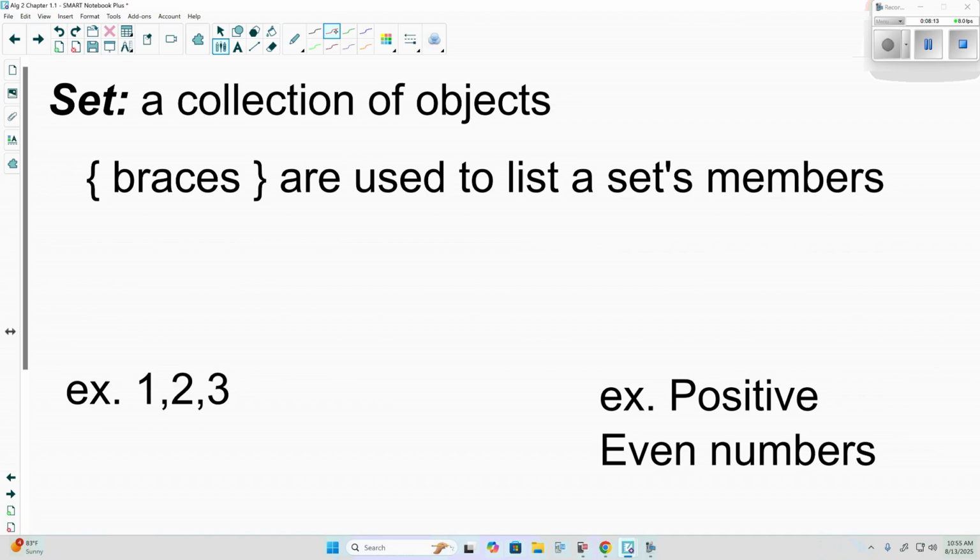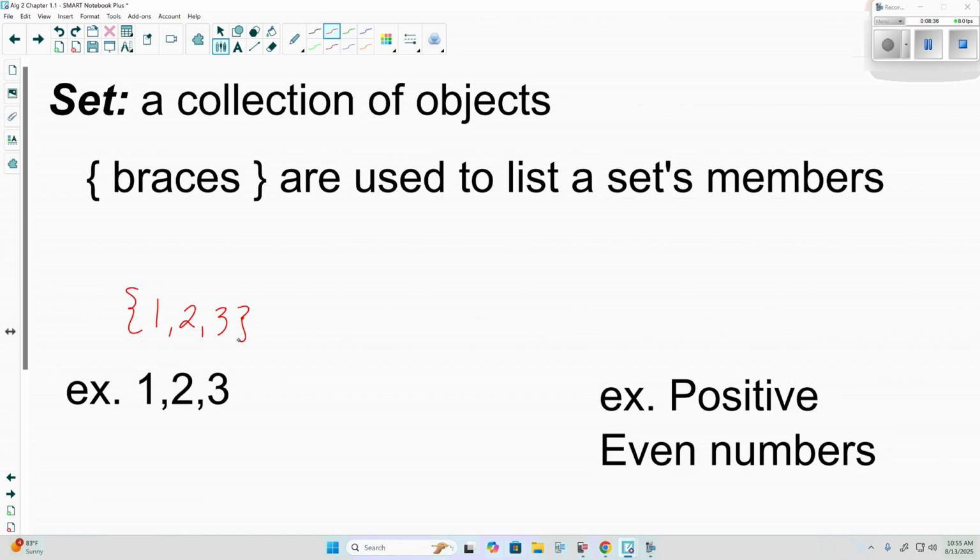So if we were talking about a set of numbers, 1, 2, 3, we would normally write it as brace 1, comma 2, comma 3. So we list each element. Each element is each of the members in the set.